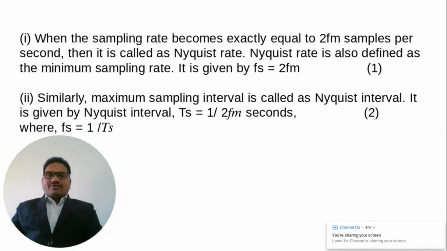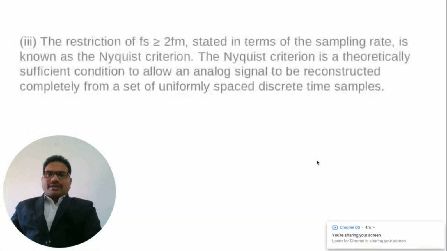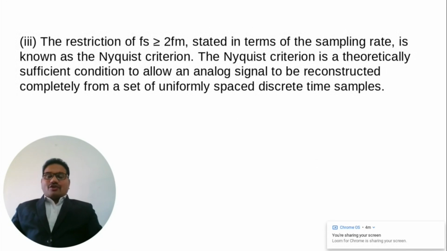It is given by Ts equal to 1 upon 2fm seconds. Next, the restriction that fs is greater than or equal to 2fm, stated in terms of the sampling rate, is known as the Nyquist criterion. The Nyquist criterion is a theoretically sufficient condition to allow an analog signal to be reconstructed completely from a set of uniformly spaced discrete time samples.